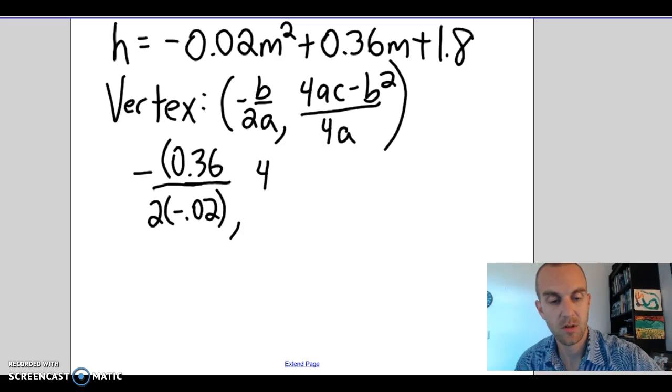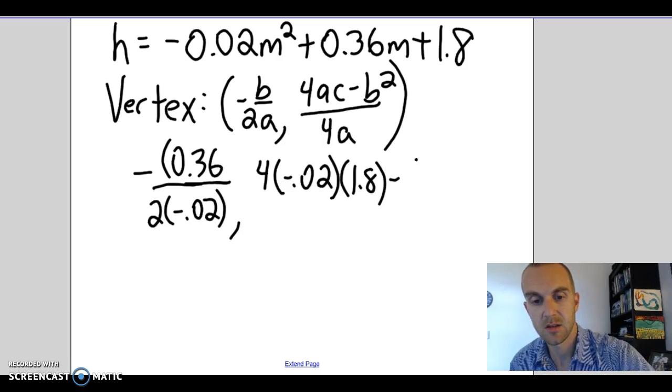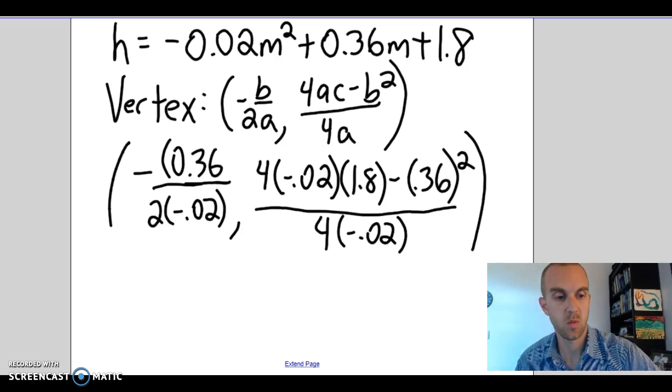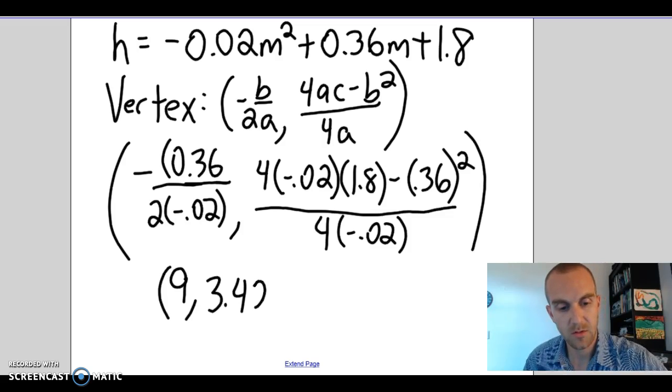And then I plug in my parts: negative 2 hundredths, the 1 and 8 tenths, minus 36 hundredths squared over 4 times the negative 2 hundredths. Now at this point, I've got the idea of what I'm doing. I can use my calculator to help me simplify this expression on each side, and I end up with 9 comma and about 3 and 42 hundredths.